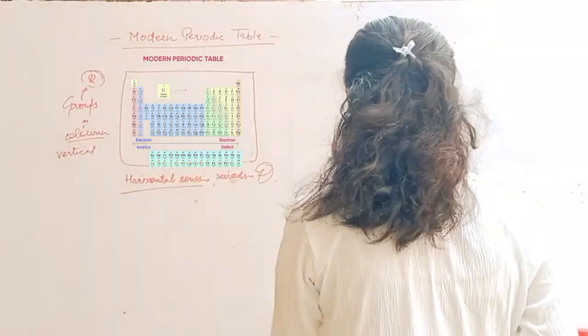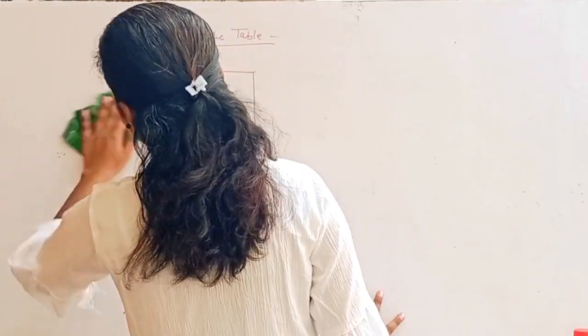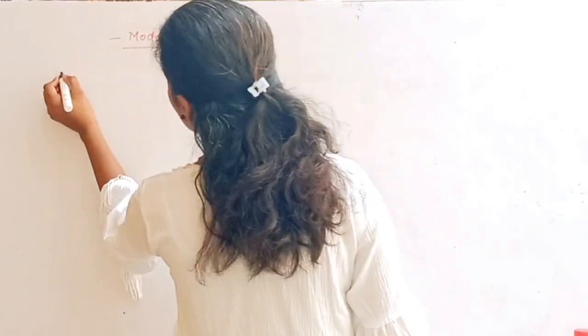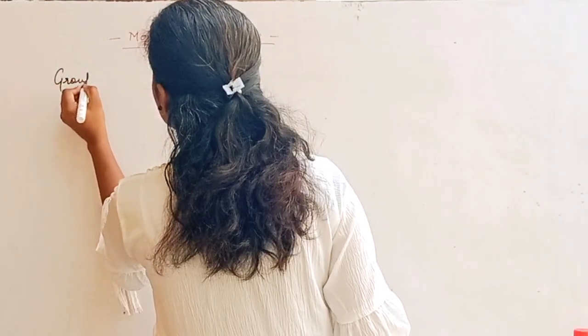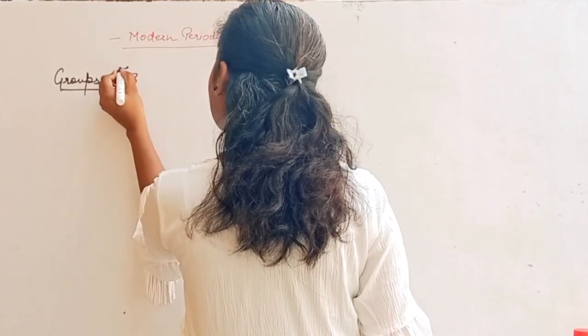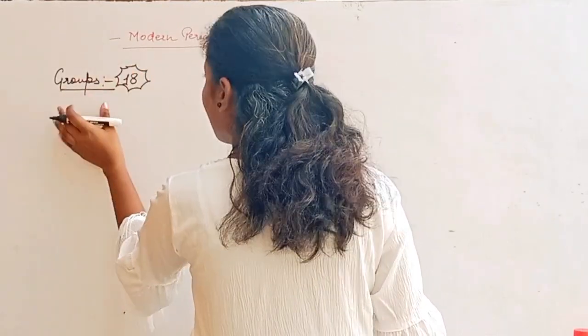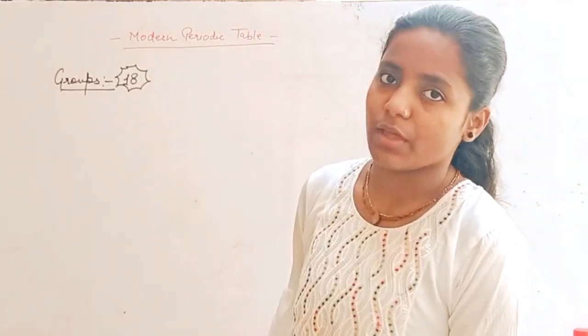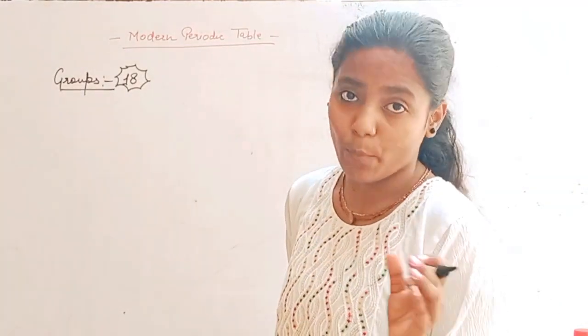So let's begin. Let's talk about the groups. Groups are classified into 18 terms. And what are the 18 groups we are required to know?